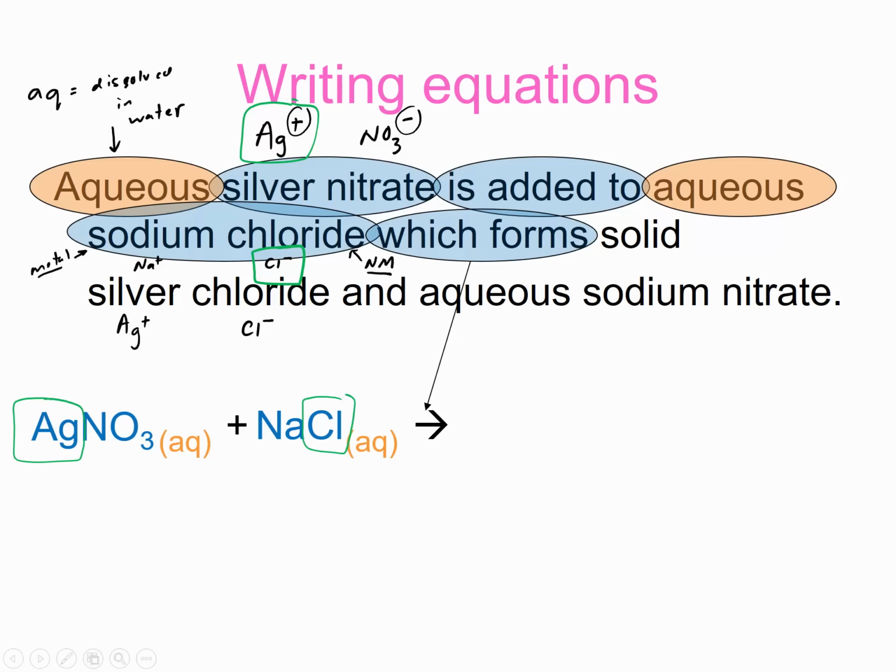And then the other 2 also combined, so the sodium and the NO3 combined. Double replacement, meaning the cation and anion swapped partners. So that's going to form solid silver chloride.